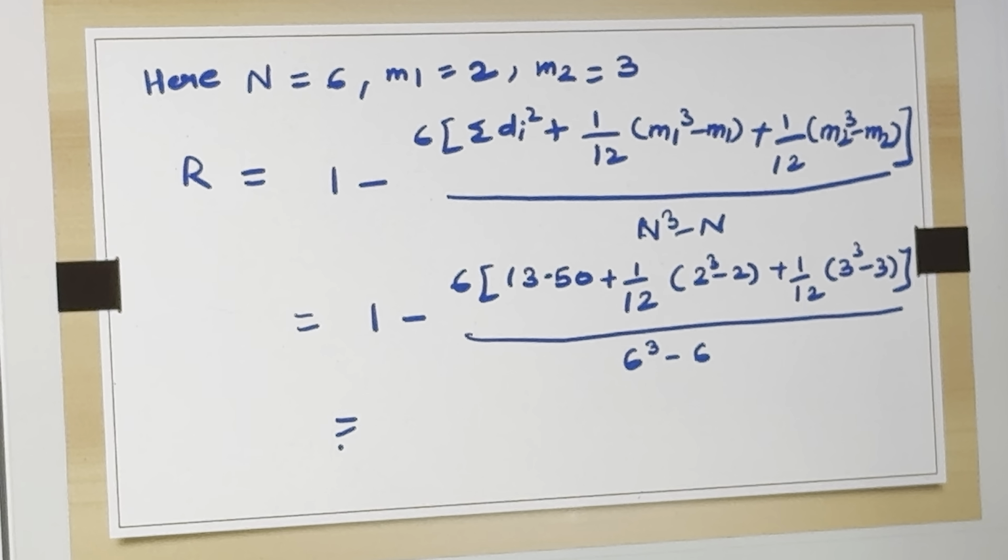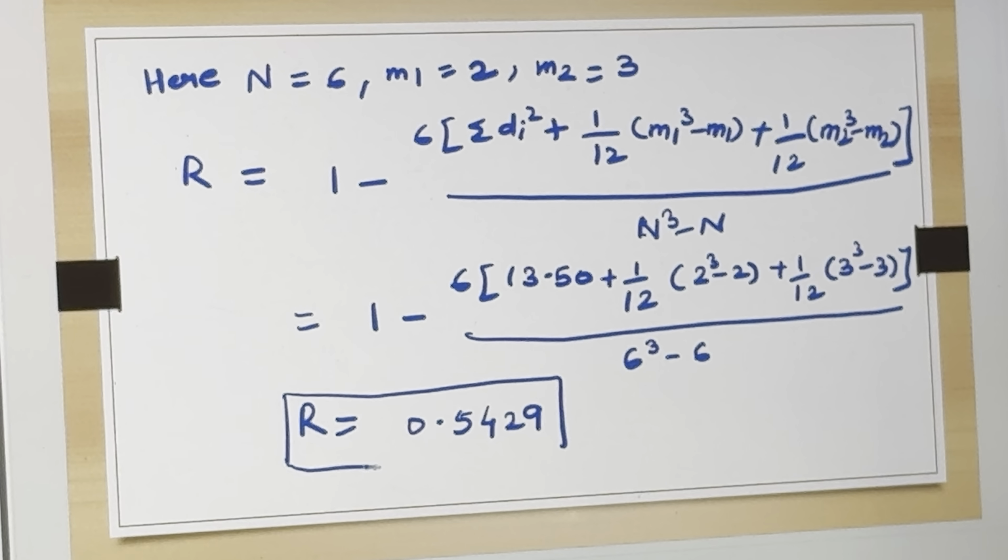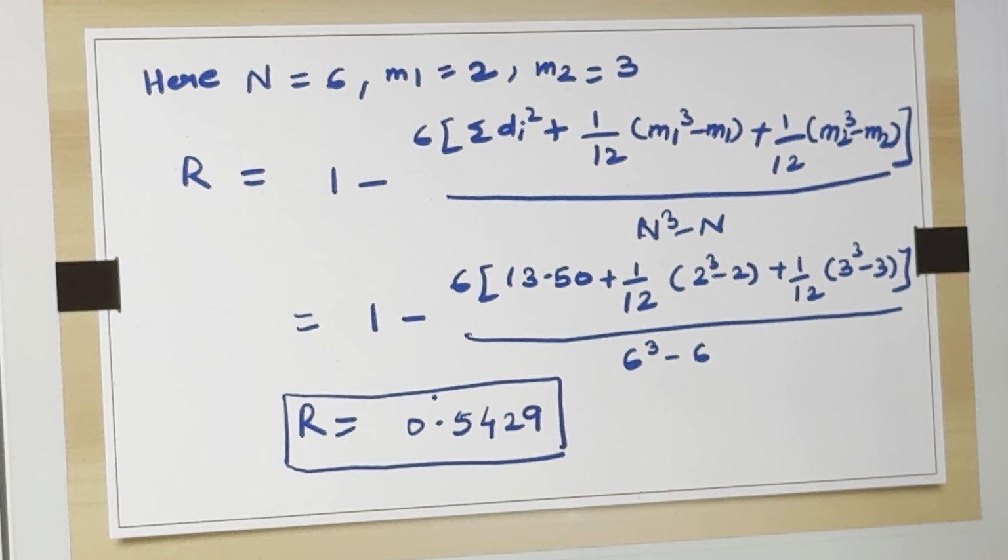After simplifying, you will be getting the answer as 0.5429. Okay, so this is nothing but your Spearman's rank correlation. Okay, so now I hope you got a clear idea about Karl Pearson coefficient of correlation and Spearman's rank correlation.